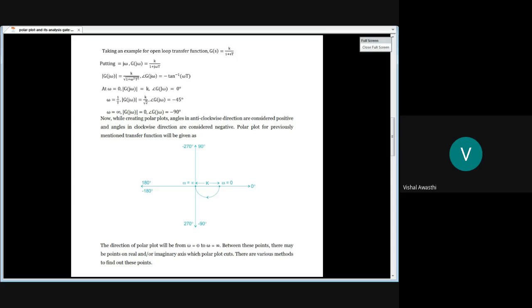But when you have different points, just interconnect them, and whatever shape comes is nothing but the polar plot of the given open loop transfer function. Right? So these are the basic things to get the polar plot. Of course, as I said earlier, it is always beneficial to divide the transfer function into real and imaginary parts.